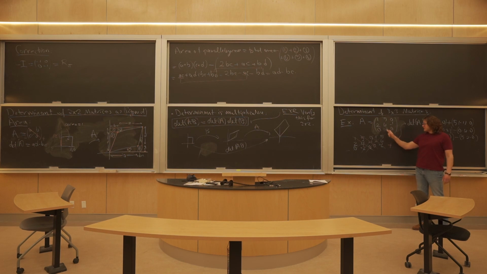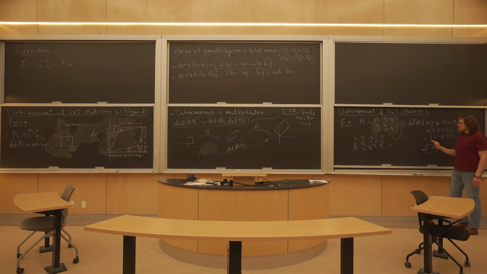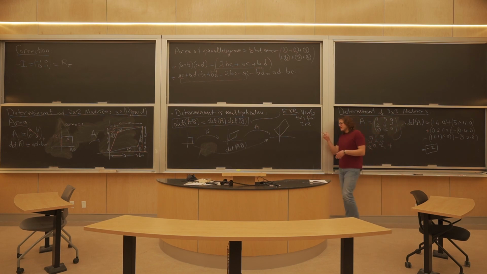One point is here, the other point is here, the third point is there. If you were to compute the volume of that shape, I'm telling you it would be 2. But then you have a minus here, and that has to do with the fact that A apparently is flipping the orientation in 3-dimensional space. It's flipping the right-hand rule, turning it into the left-hand rule. Okay?